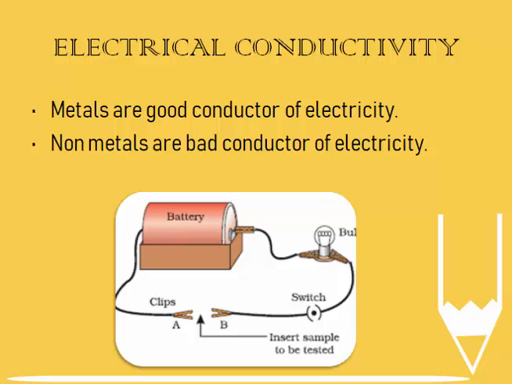And next is about electrical conductivity. Now this electrical conductivity we'll look at by an example. We'll make a circuit. You could see that there is one circuit, battery है, bulbs है, switch है और एक wire के साथ सब connected है, right?